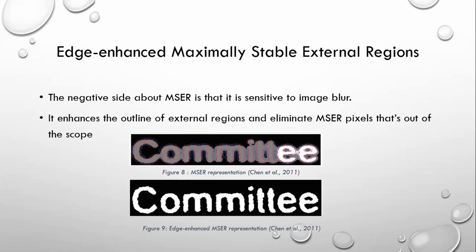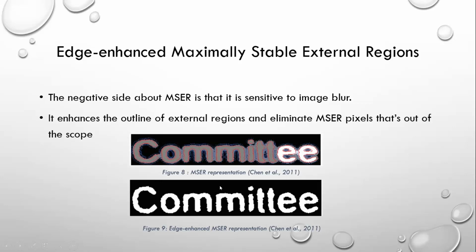The other method is called edge enhanced maximally stable external regions. The negative side about MSER is that it is sensitive to image blur. We can enhance the outline of external regions and eliminate MSER pixels that are out of the scope.